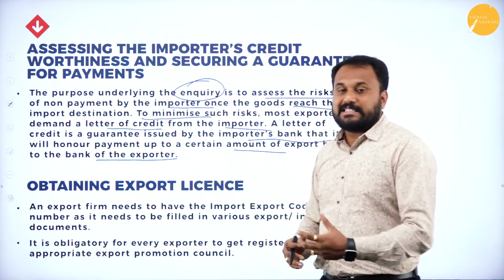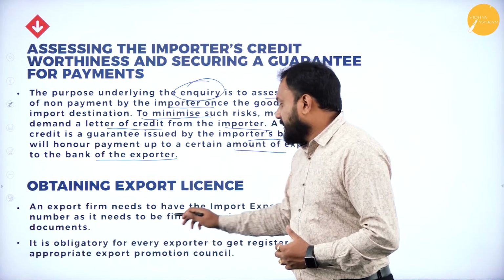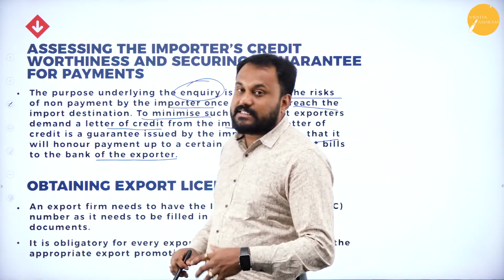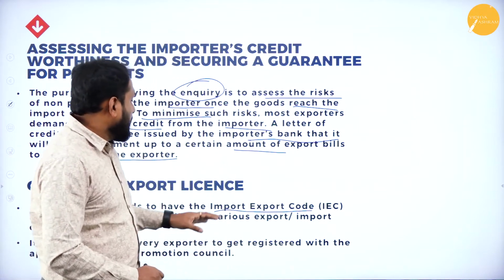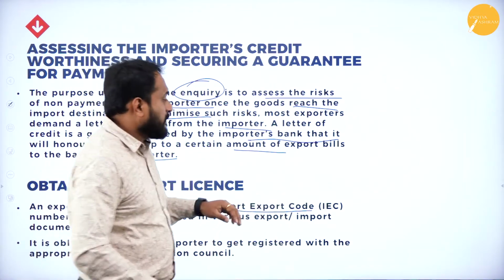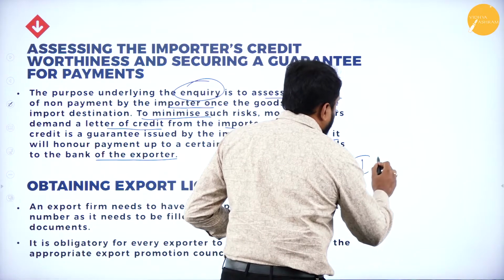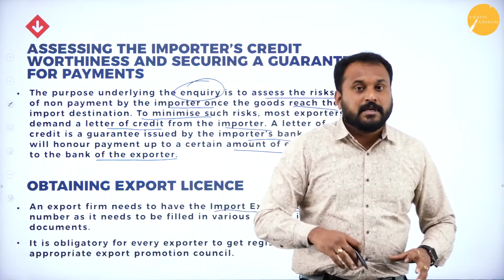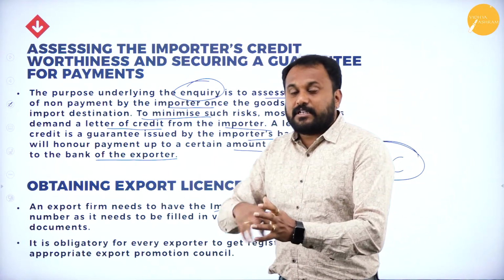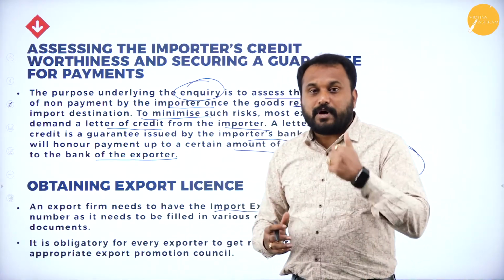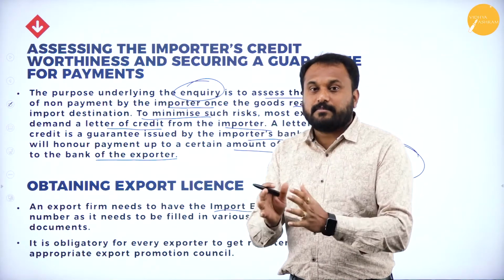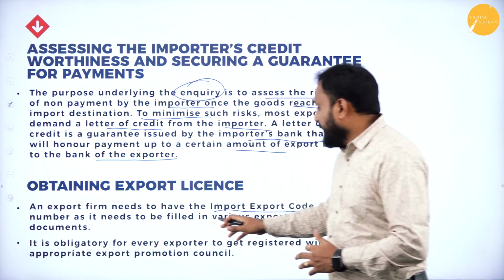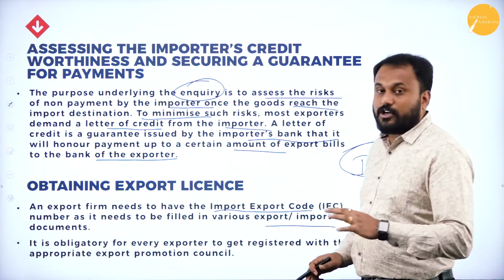Obtaining export license. Now an export firm needs to have the import export code, that is IEC. What is it? IEC, that is called import export code. It is a very unique code and it cannot be given to the same person in a different format. Once the code is generated, it is for him for life. The number needs to be filled in the various export-import documents.